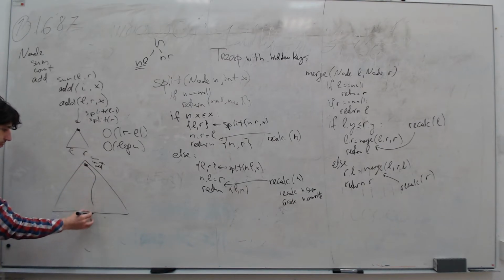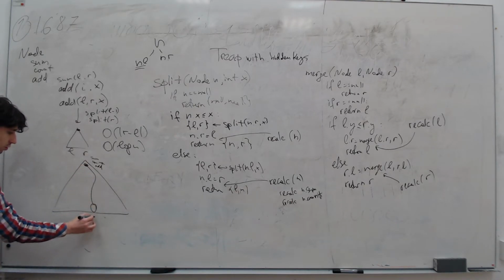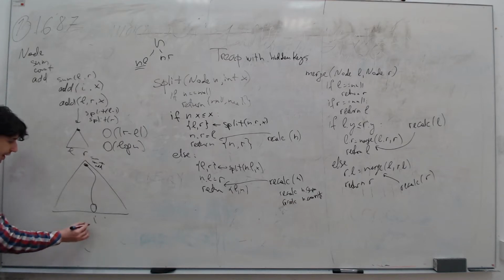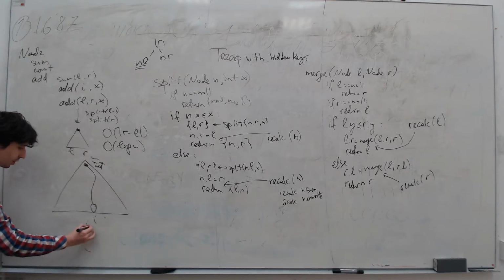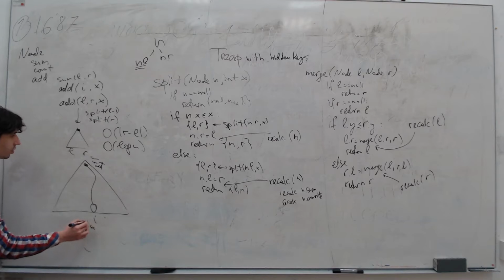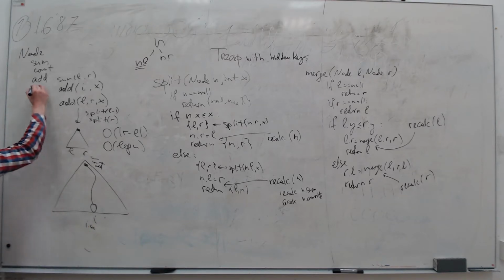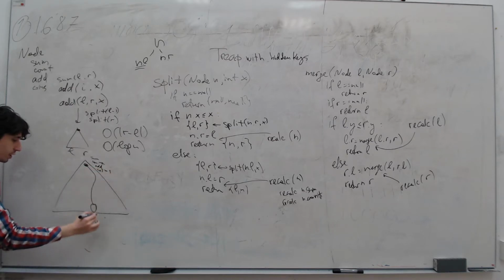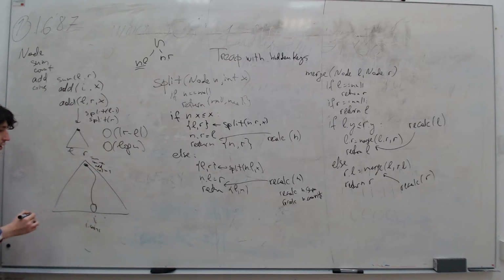So you have this path, you have the ith person here. Sorry, not count, we have coins also. So we have these coins here.